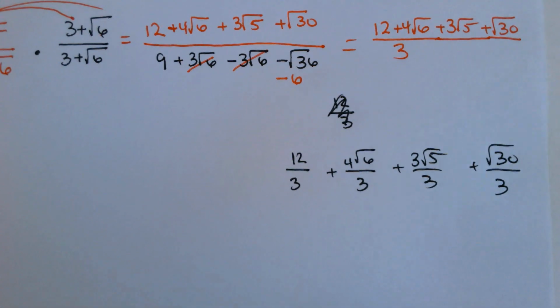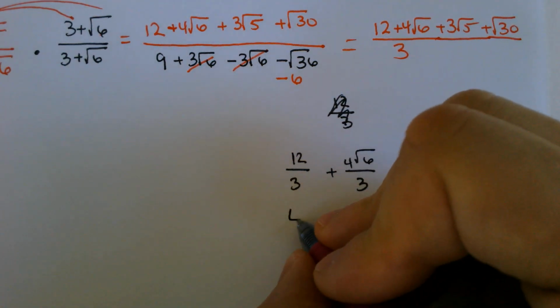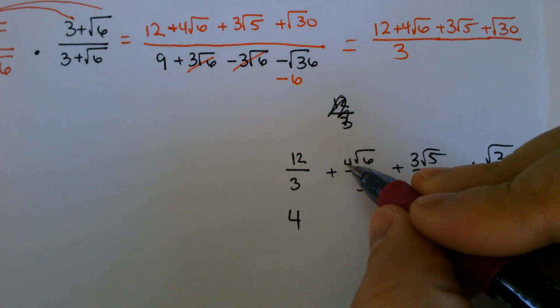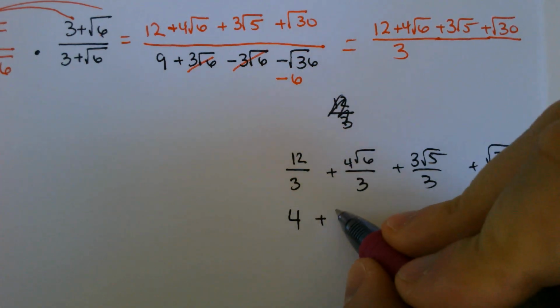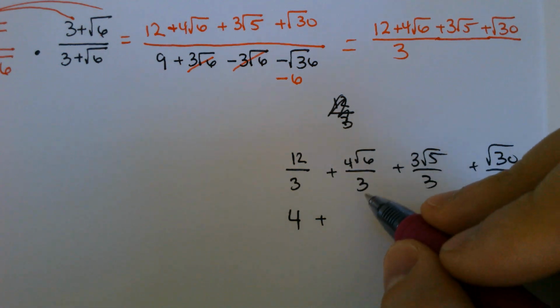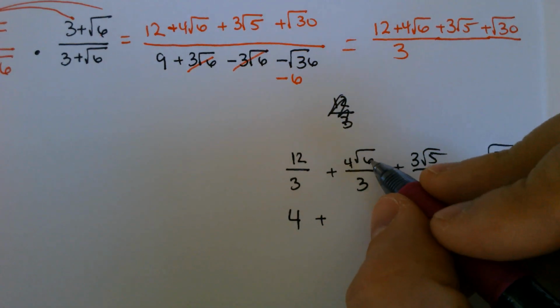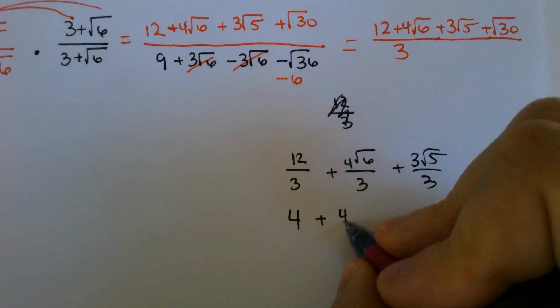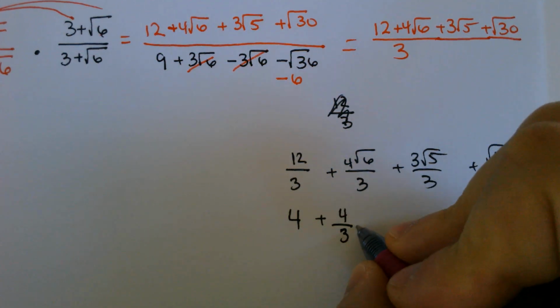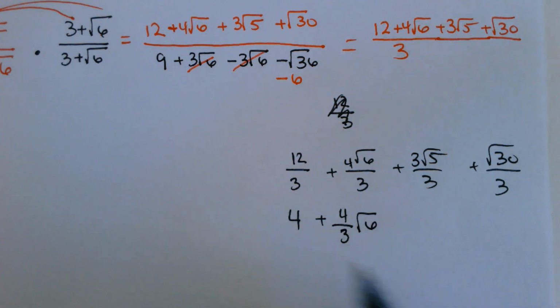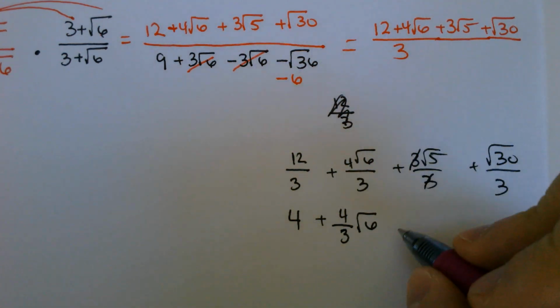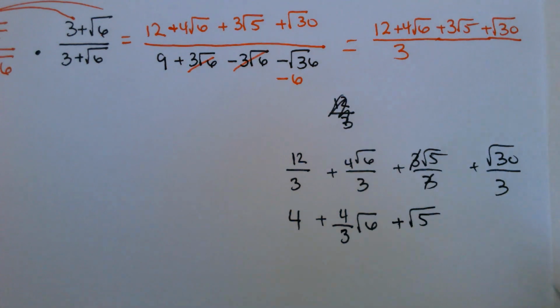You could do that. 12 over 3 ends up being 4. 4 square root of 6 over 3 does nothing. You cannot divide the 6 and the 3 because the 6 is on the inside and the 3 is on the no square rooty. So square root of 6, regular 3, nothing you can do. 4 over 3, you could put the 6 on the outside, like afterwards, or on the top of the fraction. 3 over 3 would cancel, so this is just plus the square root of 5.